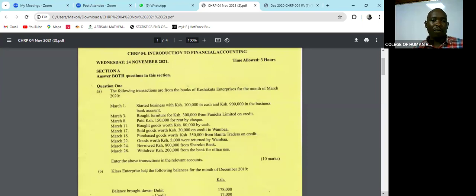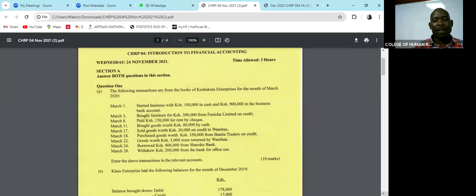Mark that. Bought furniture. The furniture is not stock, so you don't record it in purchases. When you buy anything in the business, you debit that item that you have bought. But for goods, we debit them in purchases. For other things which are not goods or stock, you debit that item by its name.